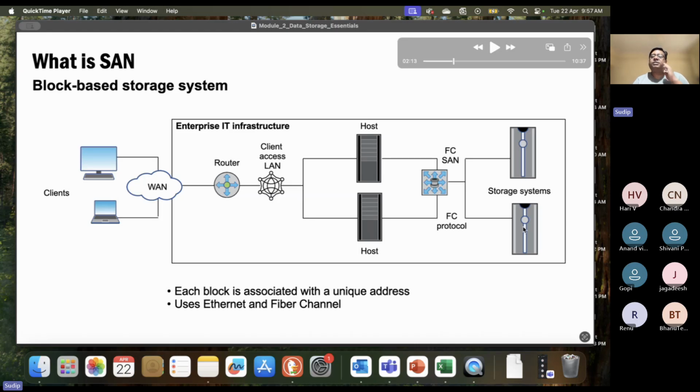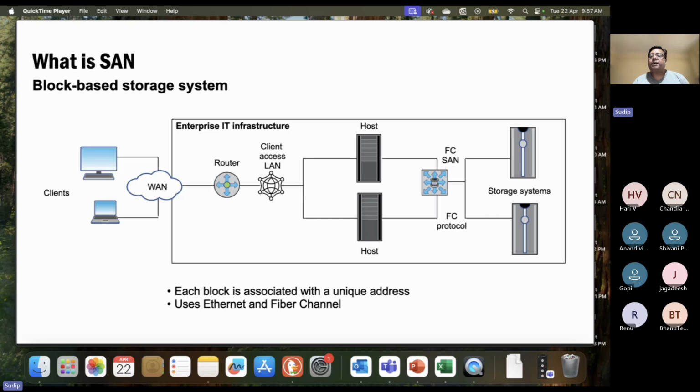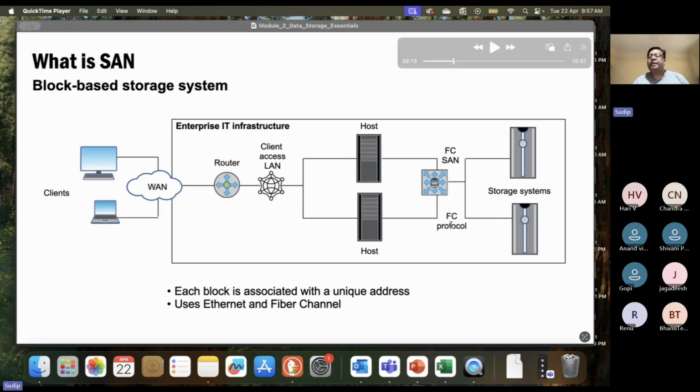The storage system knows that if this server is requesting some data from me, where should I go and fetch it from? That's all. It doesn't even know which file system is written onto that particular storage partition. It has no clue, no idea. So there is 100% dependency on this server.